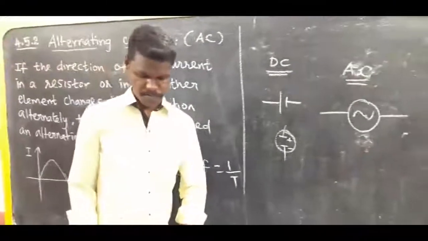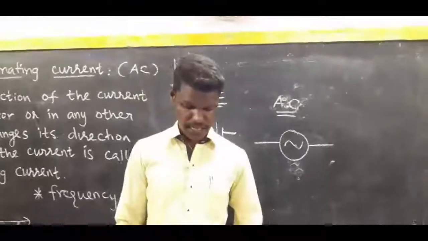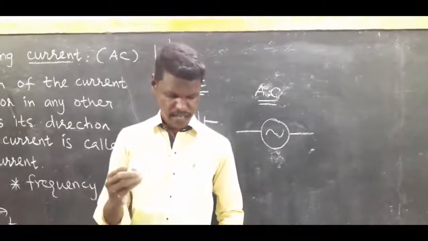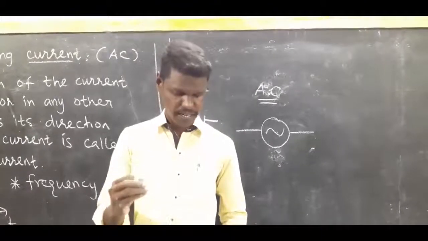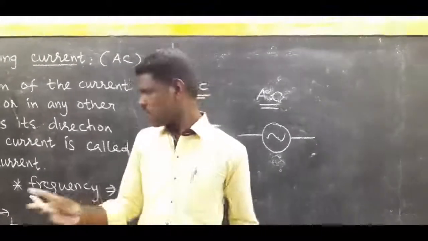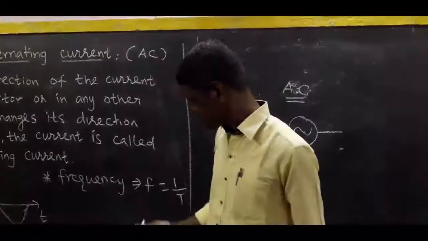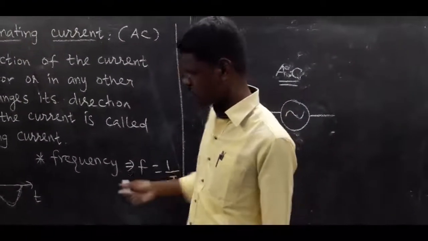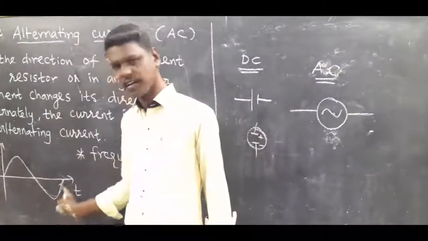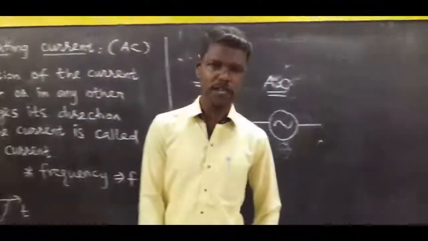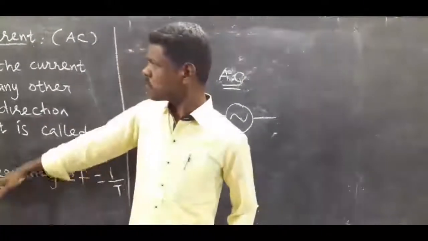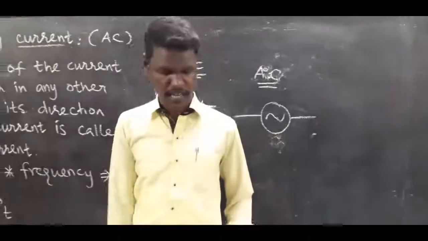So the alternating current varies sinusoidally with time. These variations are characterized by the frequency. As we know, the frequency is 1 by T, the number of oscillations or complete vibrations per second. That introduces alternating current.